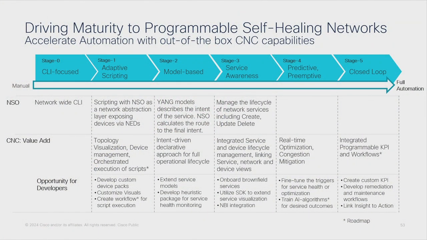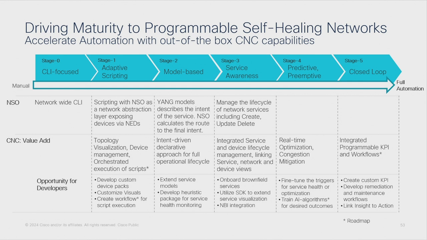Now let's go through the progression of automation. For those of you who are used to using NSO, we have here the different stages where we typically see our customers and users progressing through the maturity, lifecycle, or automation journey, so to say.